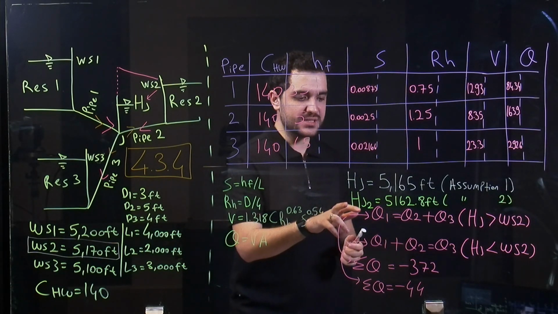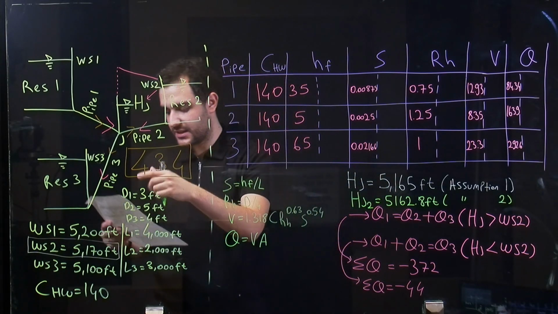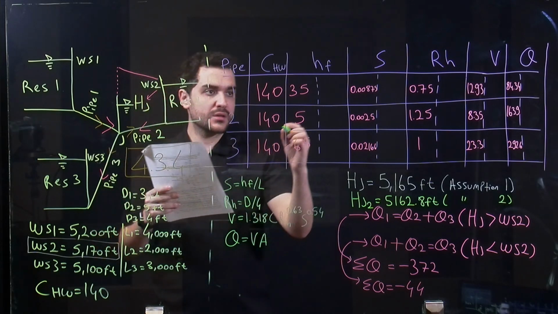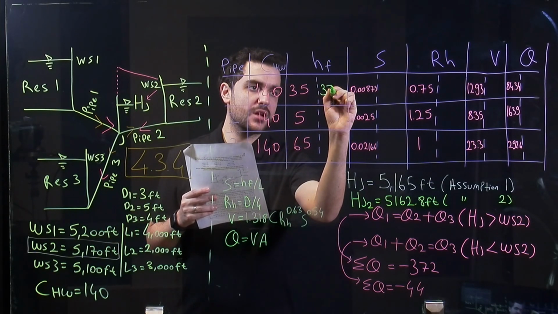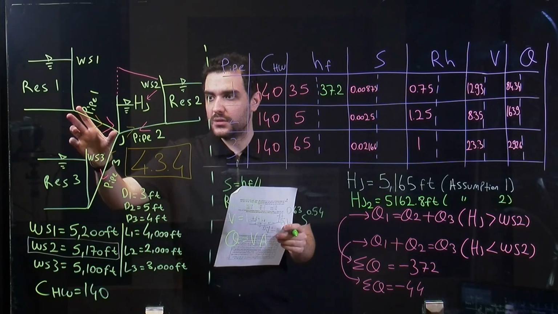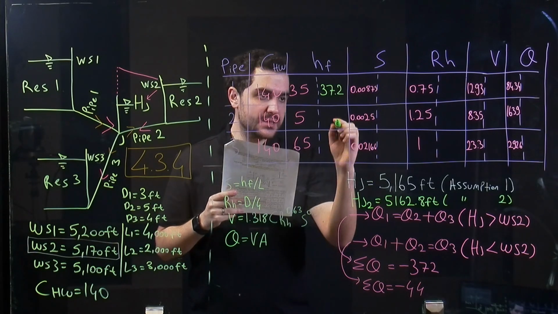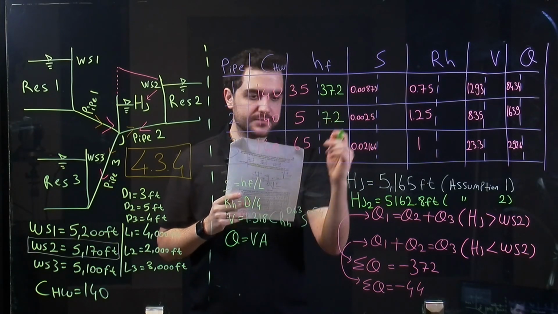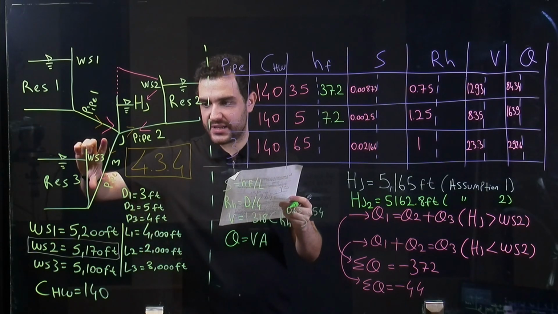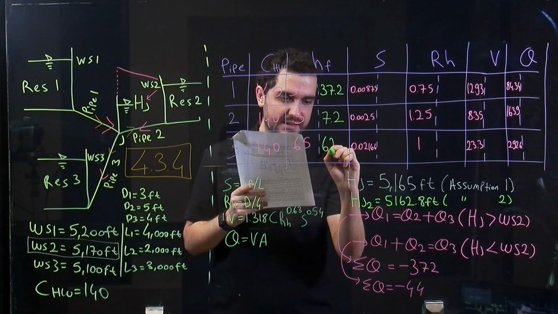And when we use this value, we will calculate everything from the beginning, so that we will have head loss 1 of 37.2, which is here. Head loss 2 will be 7.2, and head loss 3 will be 62.8.